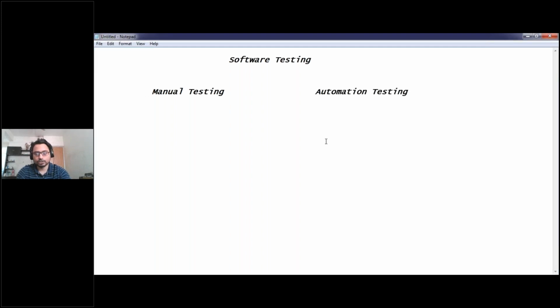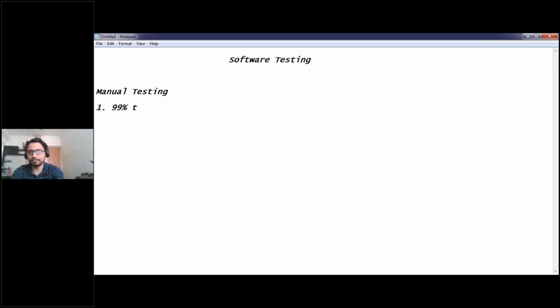Okay, so I will mark point number one, point number two like this. Let me erase the automation testing as of now and take the manual testing part in focus. Point number one about manual testing is that almost 99% of testing will be possible.